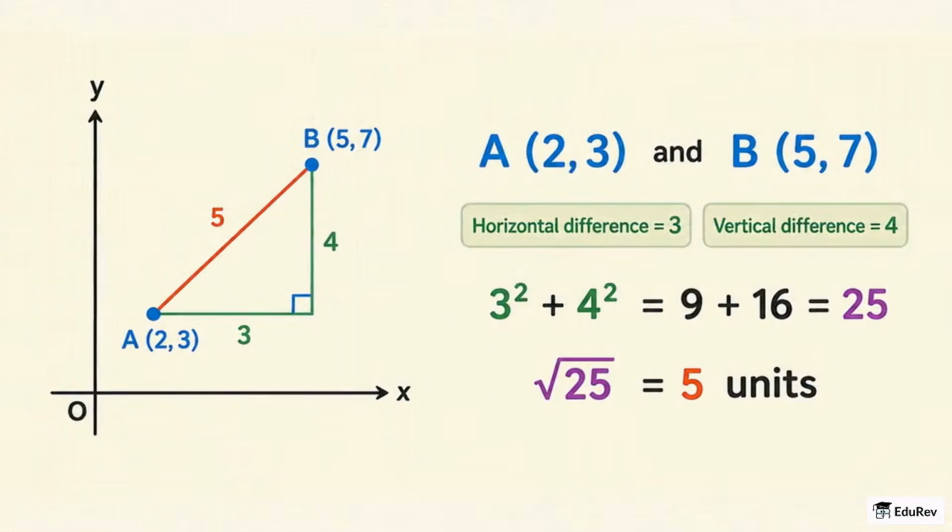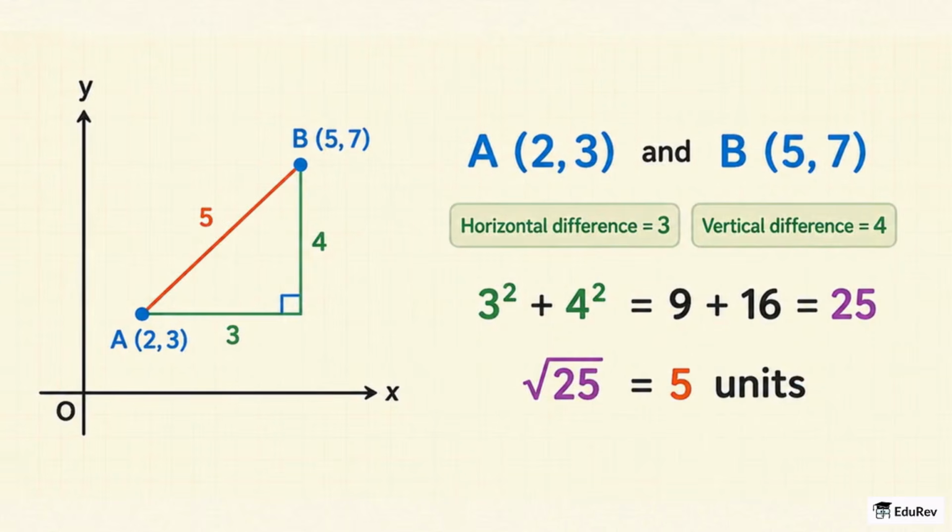For example, A(2, 3) and B(5, 7) give differences 3 and 4. 3 squared plus 4 squared is 9 plus 16 equals 25. Square root of 25 is 5 units.